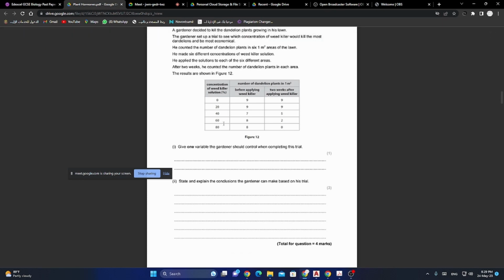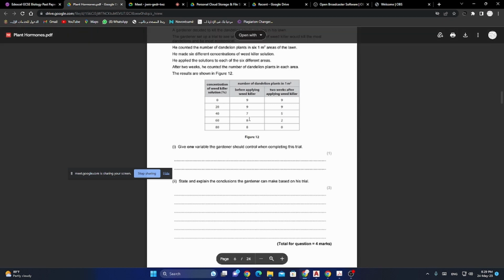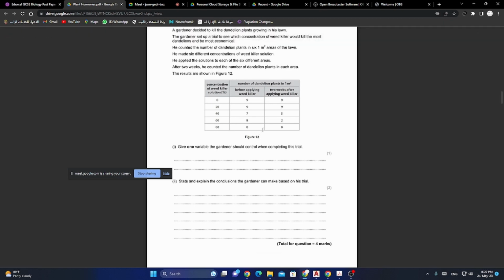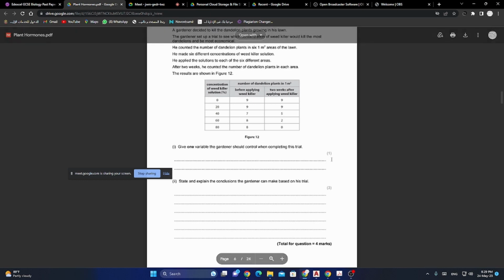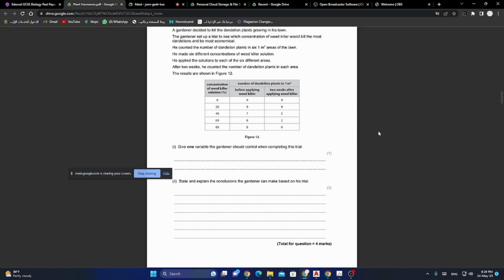And as you increase the concentration above 40, more dandelion plants are being killed, right? So at 60, six plants out of the eight were killed. At 80, all of the plants, so eight out of eight plants were killed, right? You need to explain everything in the table. You can't just explain the first one, then explain the last one.